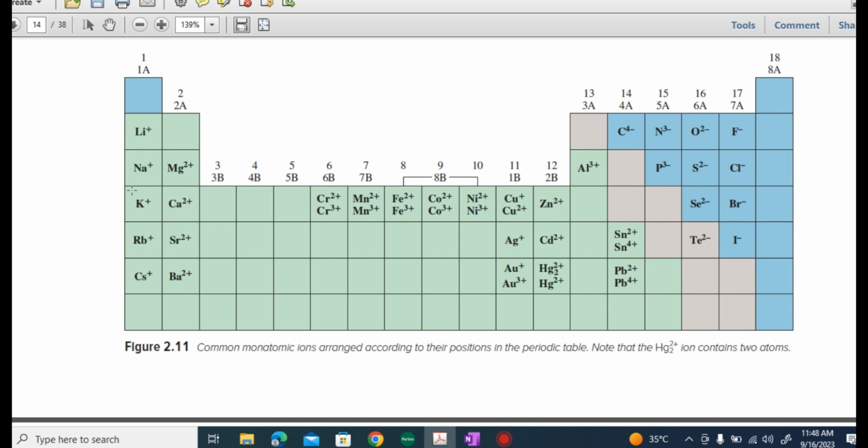Group 1 always loses 1 electron and acquires a 1 positive charge. Group 2 always loses 2 electrons and acquires a 2 positive charge. Just ignore the transition metals and move straight to group 3. Group 3 always loses 3 electrons and acquires a 3 positive charge. But metals from group 4 sometimes lose 2 electrons and sometimes lose 4 electrons.